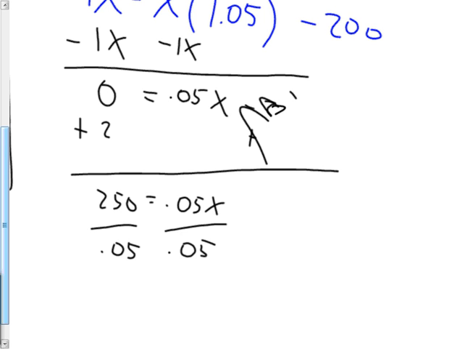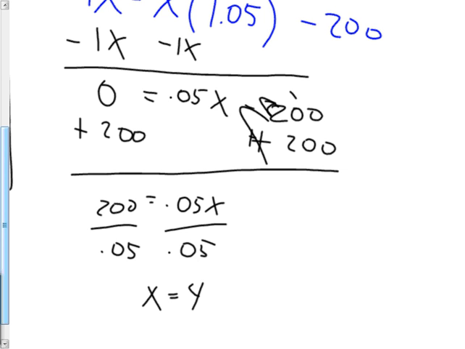So 200, I'm adding to both sides. And then I have 200 here. There we go. Okay, now we divide by 0.05. And it's like saying I have 200 and how many nickels are in 200. It's a big amount. 4000? All right. So my long run value is 4,000.